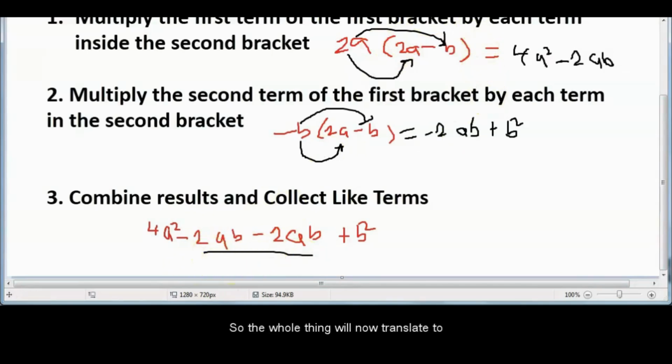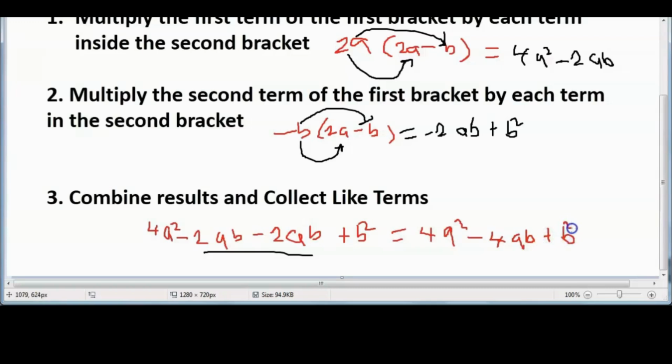So the whole thing translates to 4a squared − 4ab + b squared. That's the final answer.